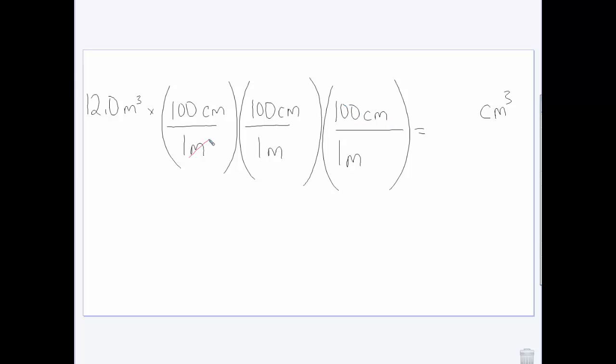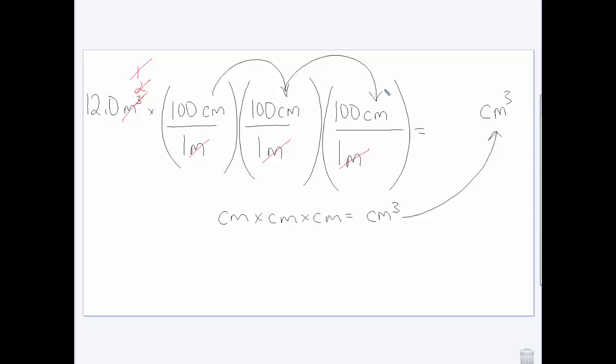Each time I move through this calculation, I divide off one of the powers on meters. I then am left with centimeters times centimeters times centimeters, which leaves cubic centimeters. So I take 12 and multiply by 100, multiply by 100, and multiply by 100 again. This leaves me with 1.2 times 10 to the power of 7 cubic centimeters.